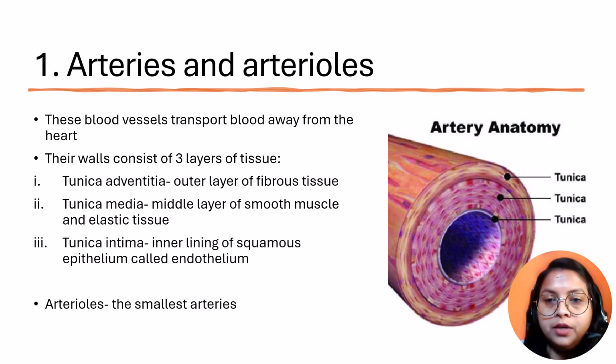These allow the vessel wall to stretch, absorb the pressure wave generated by the heart as it beats, and tunica intima, which is the inner endothelial lining of the arteries, and the arterioles are the smallest branches of the arteries and play a key role in regulating blood pressure.